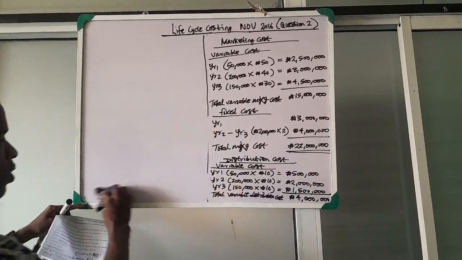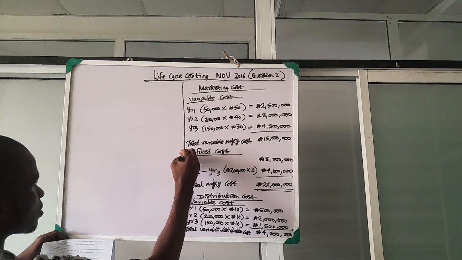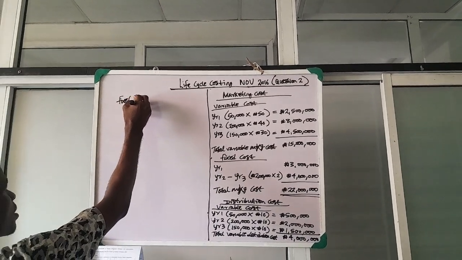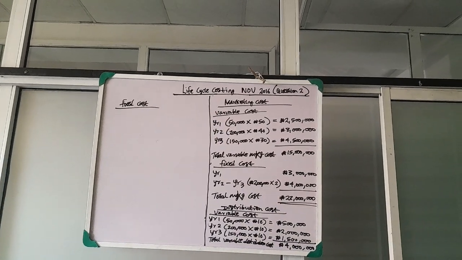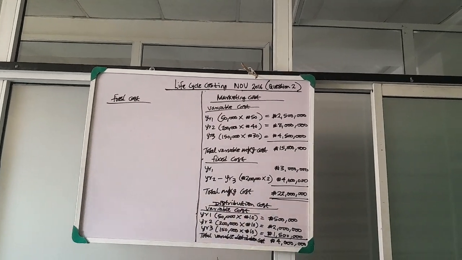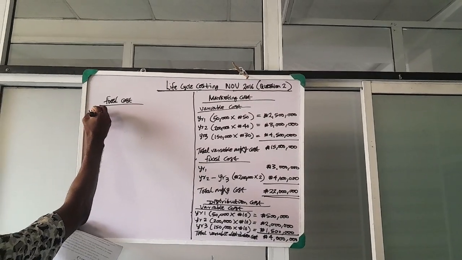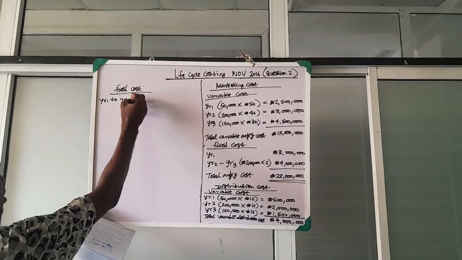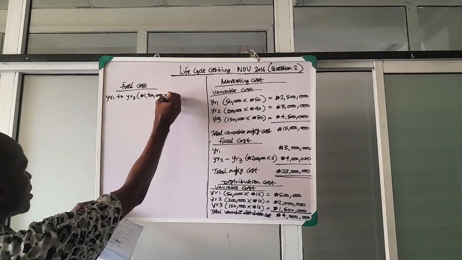Fixed costs under distribution. For the fixed costs, they clearly told us that they have 1,900,000 all through year 1 to year 3. So that will be 1,900,000 times 3.